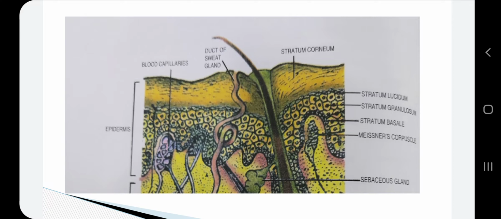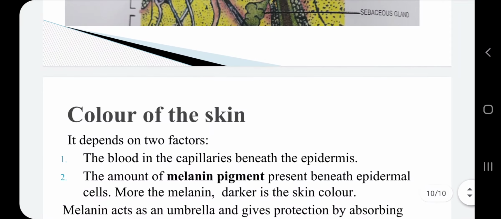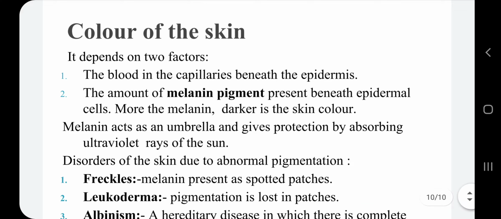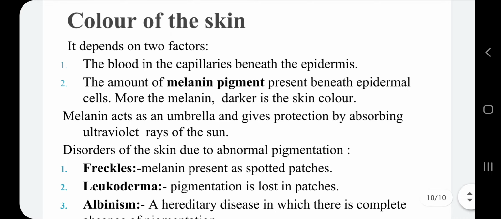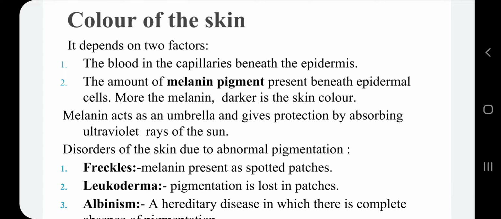Now the color of the skin. Color of the skin is also due to the pigment present in the epidermal cells. The lowermost layer of this epidermis is called Stratum Basale. There is a pigment melanin present in the lowermost layer of this epidermis, which gives the color to the skin.